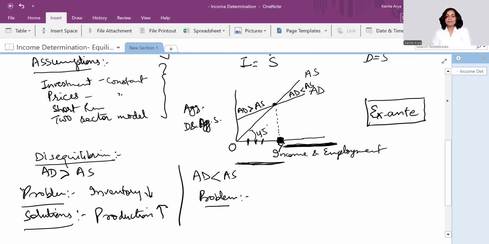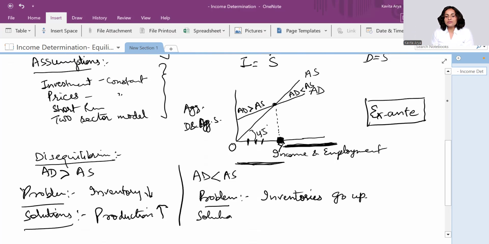There is a problem. And the problem is now demand is less. People are asking for less commodities and the production is going higher and higher. It means the inventories will pile up. Inventories go up. Now, there is unwanted stock of inventory in the economy if the economy is working at a level beyond this OY, right? So what's the solution?